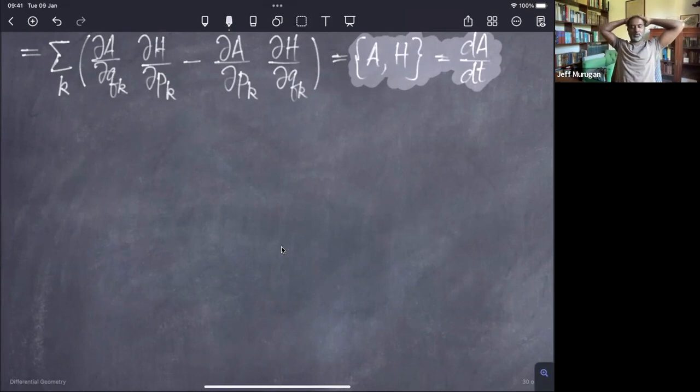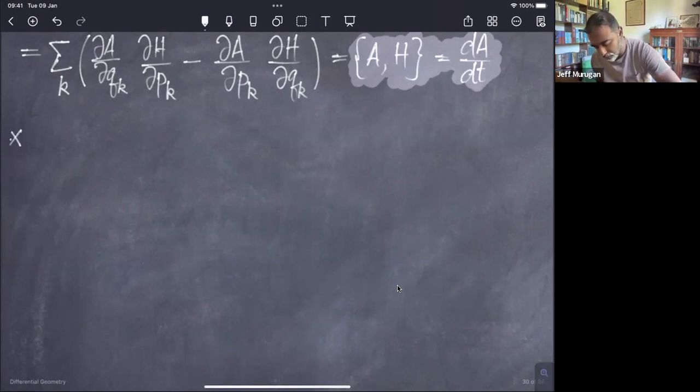This is what we call the Heisenberg equations of motion, which tell us how an operator on the Hilbert space evolves by commuting with the Hamiltonian of the system. Any questions? So I hope you're kind of seeing how all of these things tie together if you haven't seen them before. So now we have a new way of writing down Hamilton's equations of motion.